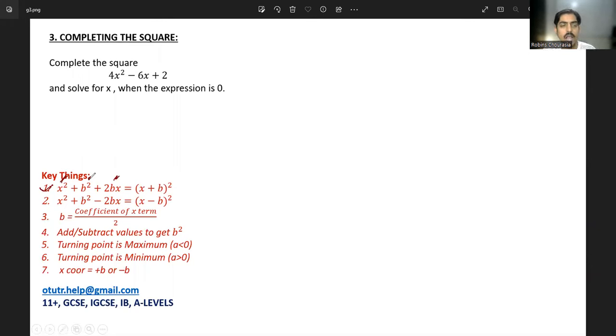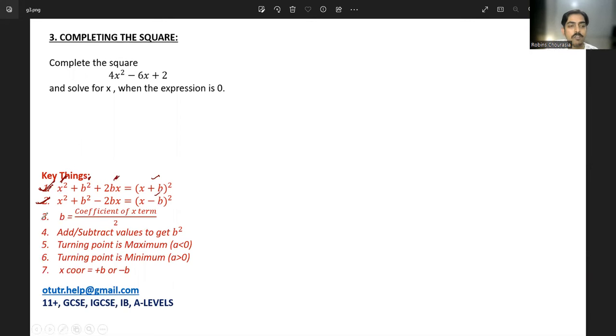Sometimes the coefficient of x can also be different, so we have to adjust it according to the scenario. These two formulas, point number 1 and point number 2, are very important. This is the square form that we get from the terms (x plus b) whole square and (x minus b) whole square. Sometimes b is not directly known.